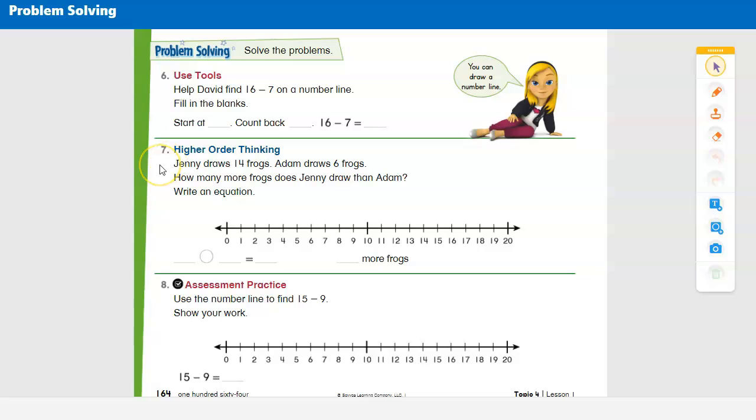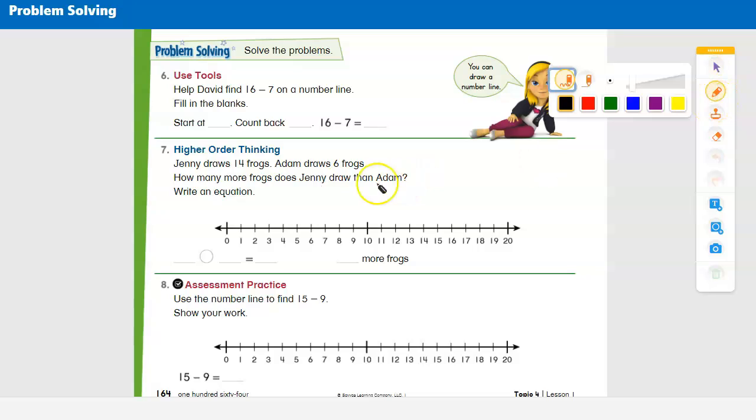Number 7 says Jenny draws 14 frogs. Adam draws 6 frogs. How many more frogs does Jenny draw than Adam? Write an equation.